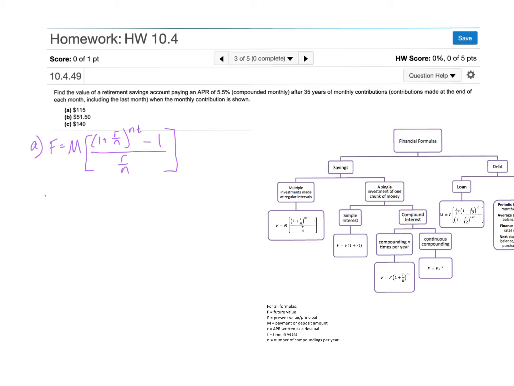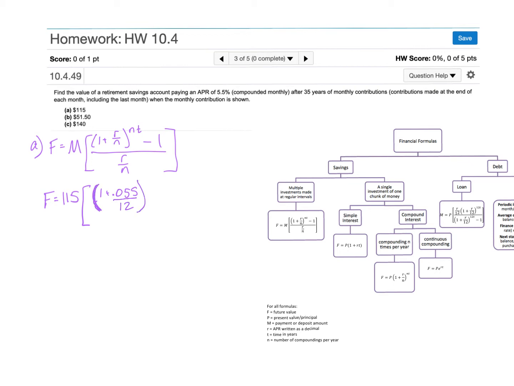So we have future value equal to M, your monthly amount, $115, times 1 plus my APR, or little r, which is 5.5%, but we're supposed to write that as a decimal, so it should be 0.055, over N. N is the number of compoundings per year, and because we are compounding monthly, that means 12 compoundings per year, so we divide that by 12.